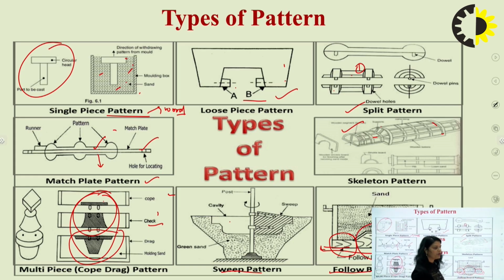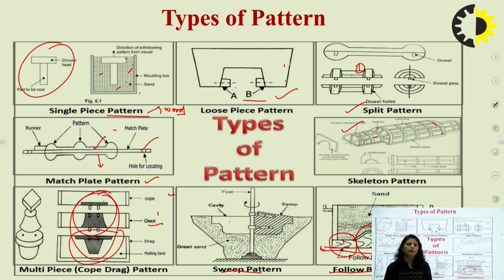If we do not use the follow board pattern here, then the chances of breaking of these thin or weak sections will be more due to the ramming of the sand. So we will use the follow board pattern where thin or weak sections are present. So these are the types of patterns.